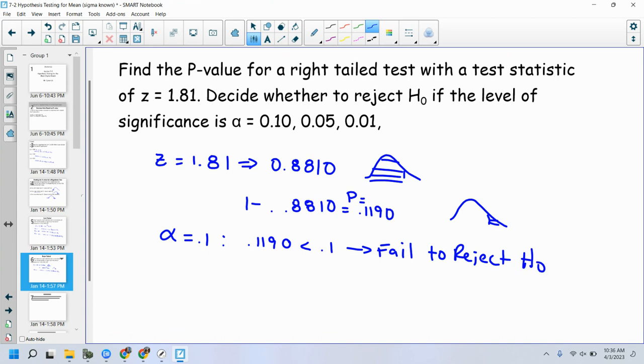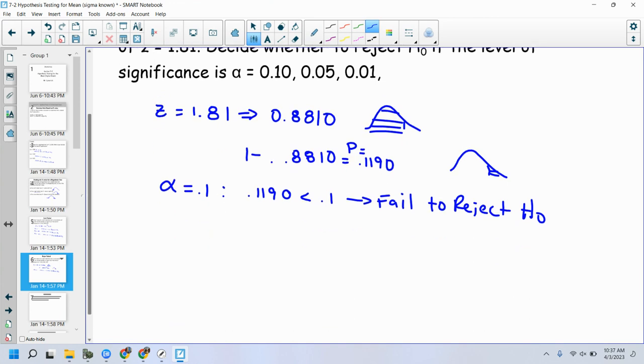Now, think about this. If I have failed to reject at the 0.1 level, what's going to happen at the 0.05 level and 0.01 level? I'm going to fail to reject in all of those as well, because is this number going to get any smaller?